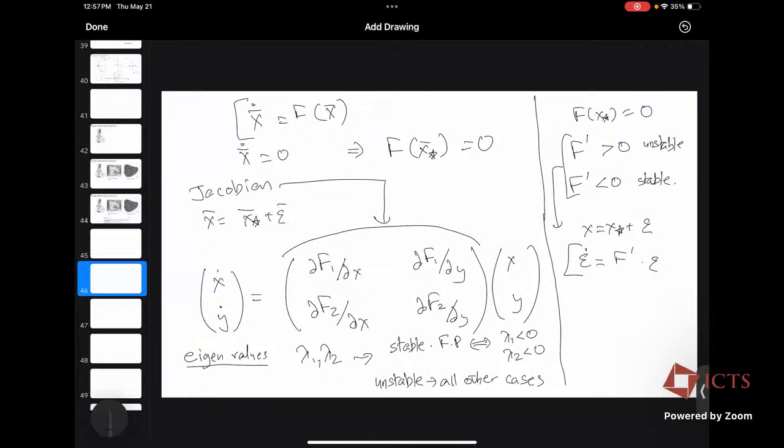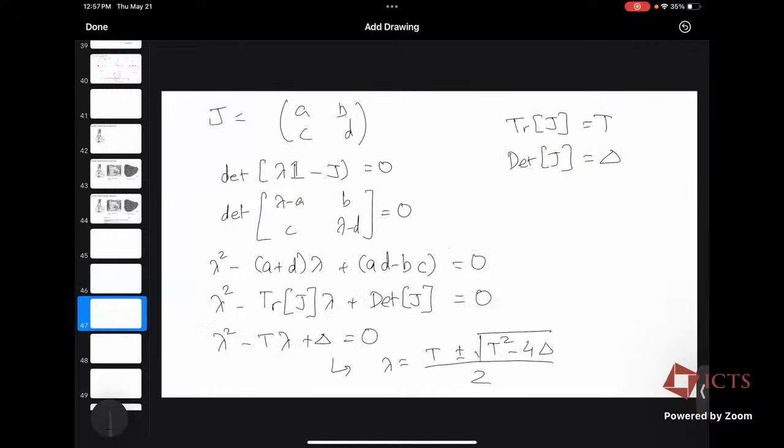It turns out that the only thing that is relevant is really just the real part of these eigenvalues. So what it comes down to is that I need both real parts to be negative to give me stability. Otherwise, I'm going to have some sort of instability. Okay.